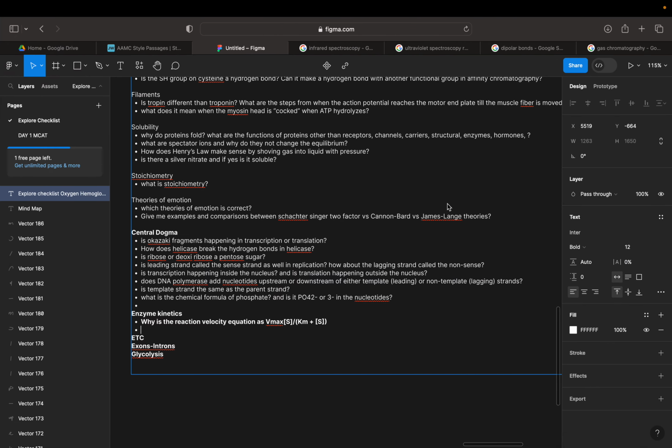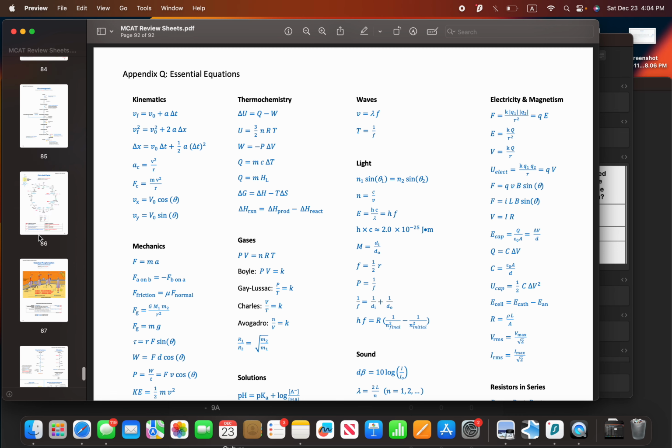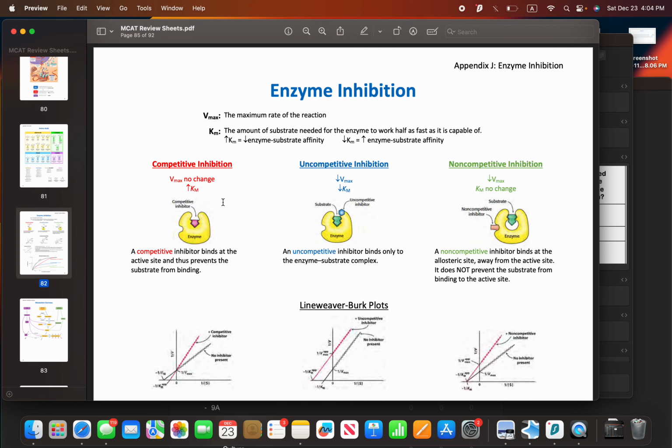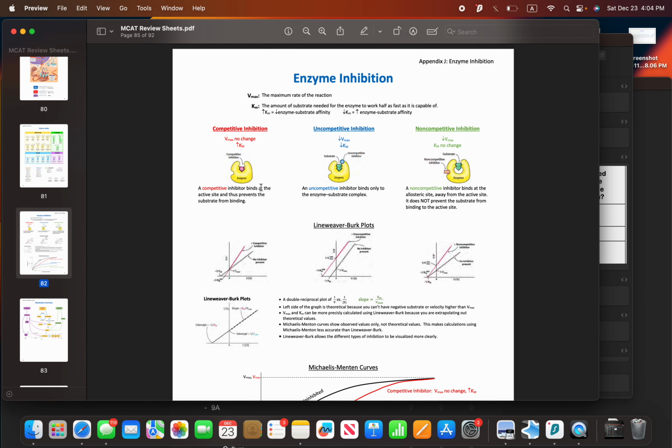We also have this file here for the enzymes. It might be actually good to go in parallel with this file here. So Vmax is the maximum rate of the reaction, and Km is the amount of substrate needed for the enzyme to work half as fast.